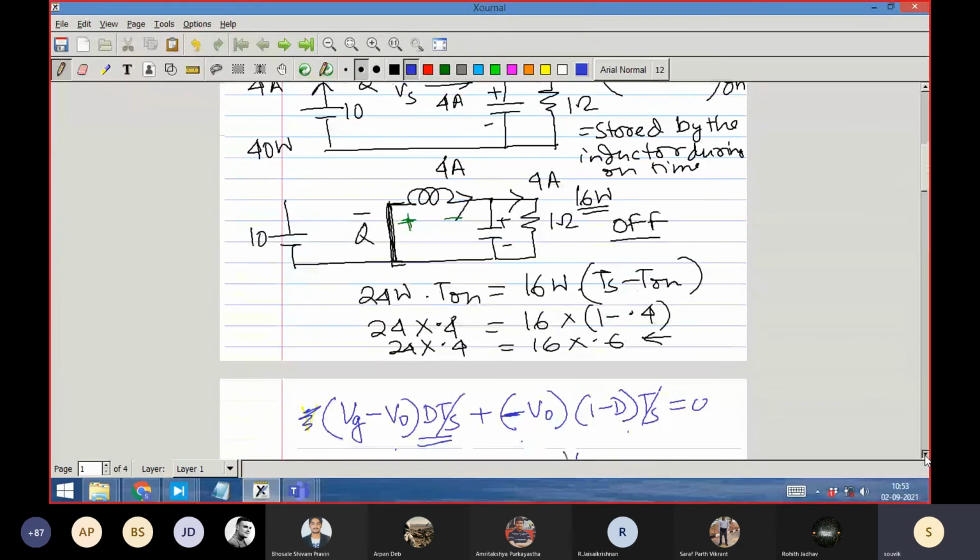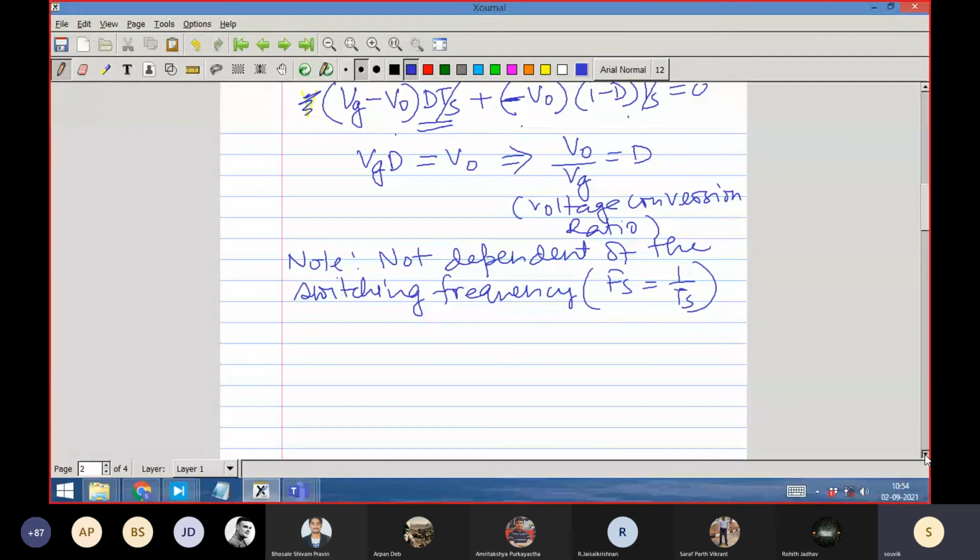So steady state implies volt second balance.